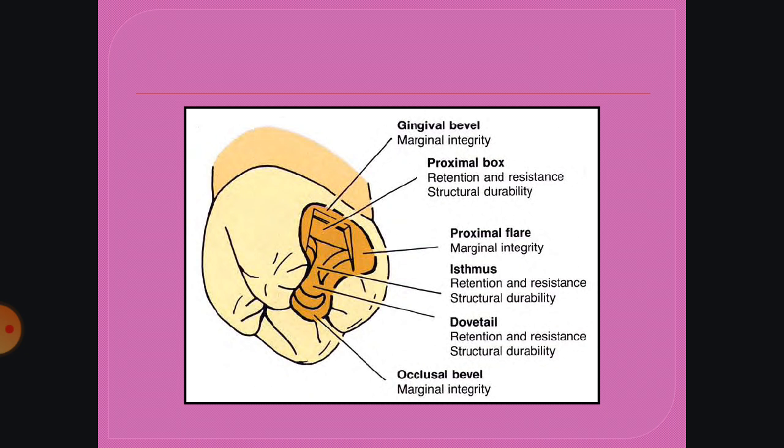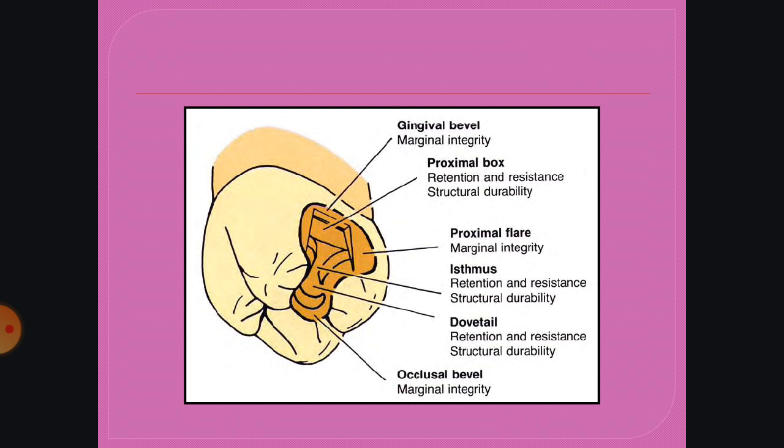Again you prepare the gingival bevel as well as the isthmus bevel with the flame diamond. You make the Minnesota ditch with the help of a gingival marginal primer, and final finishing is done with the help of a flame shaped burr. So this is how you prepare a proximo-occlusal inlay.